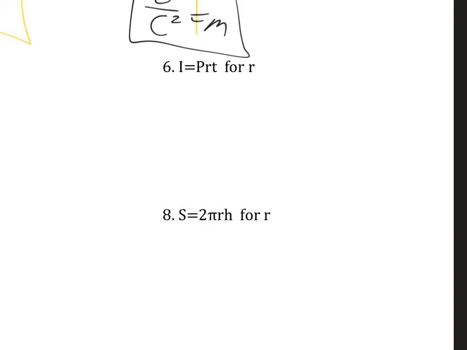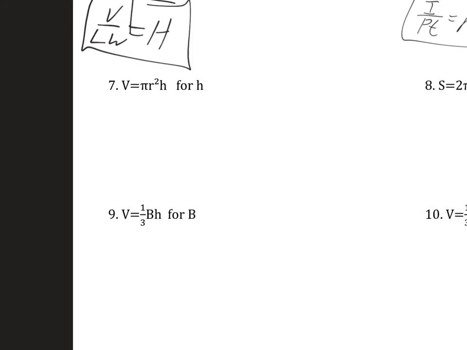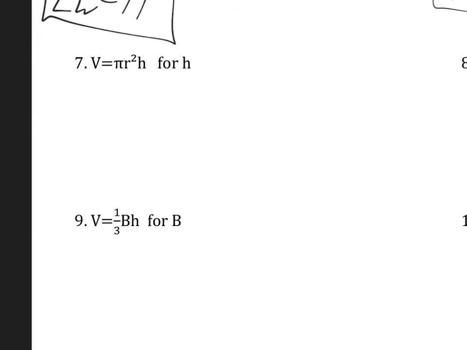Okay, so we want R by itself. I want to divide both sides by PT. So I over PT equals R. Perfect. The next one, I want to get H by itself.